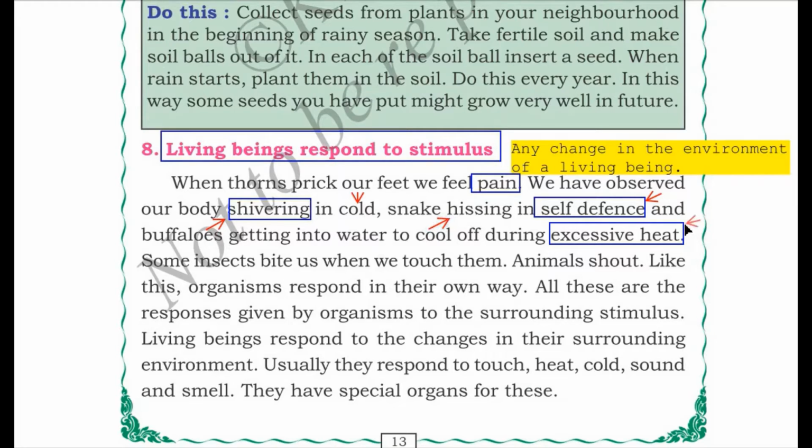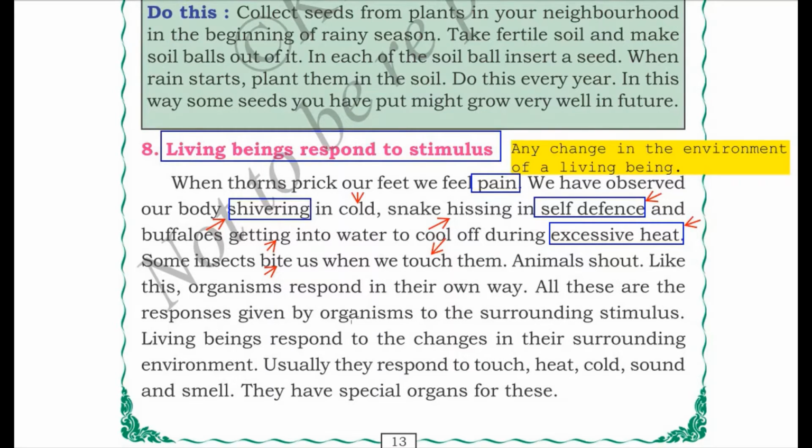The excess heat is the stimulus to the buffaloes, and getting into water to cool off is the response. In the case of insects biting us, us touching them is the stimulus, and them biting us back is the response. Similarly, like this, organisms respond in their own way.